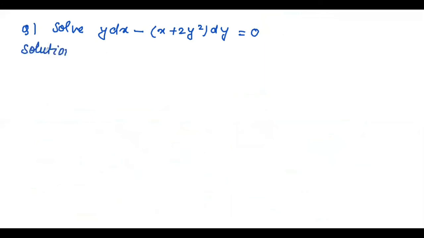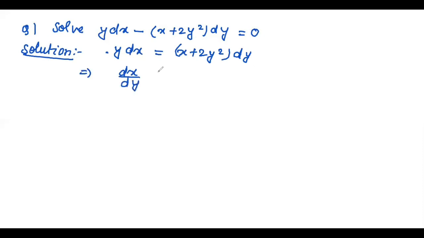So we can write it as y dx equals to x plus 2y square into dy. Means the second part I am taking on the right hand side, and after that dx by dy, this dy I am taking in the denominator of the left hand side, and then x plus 2y square by y. Now dx by dy equals to x by y plus 2y.